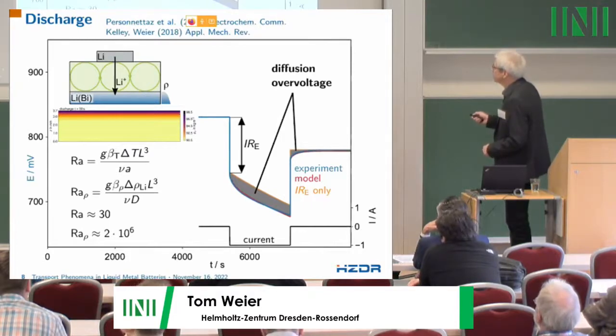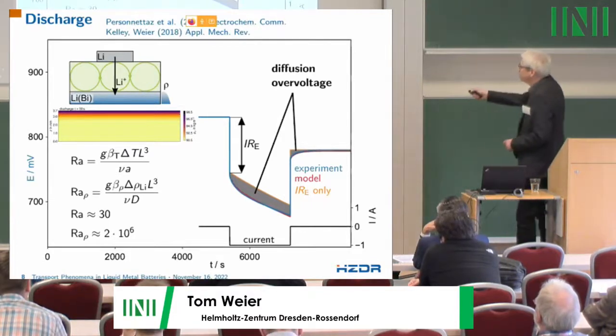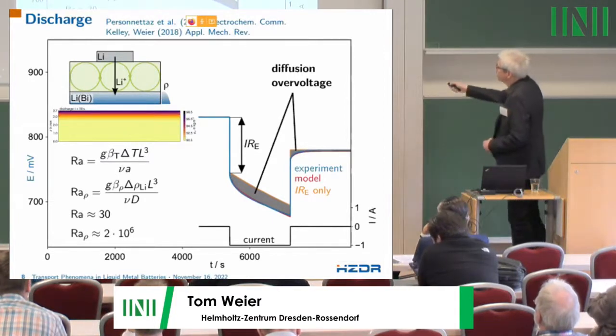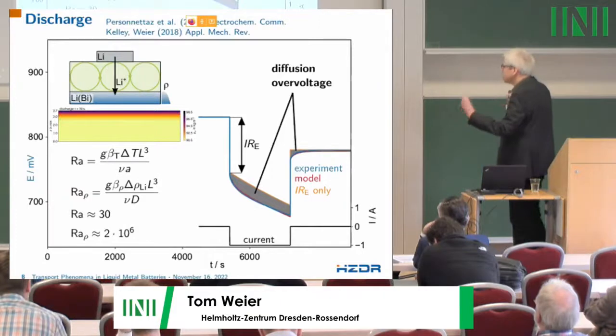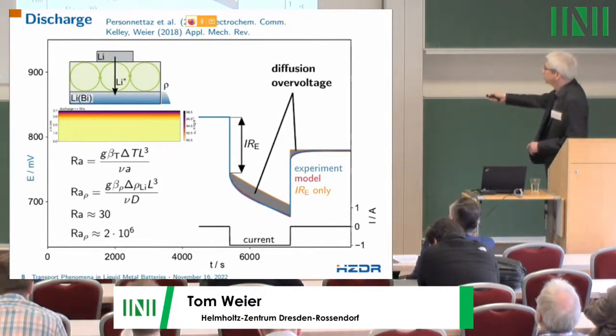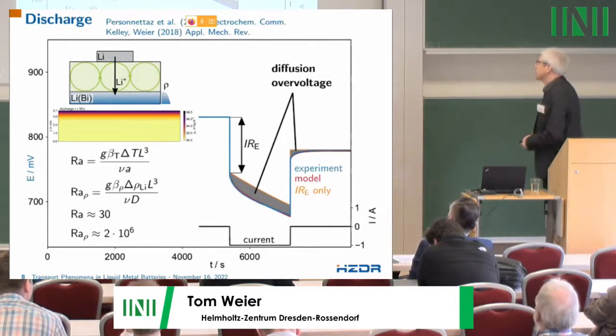This is this gray area. What we would expect from ohmic losses alone would be this orange line. What we get in the experiment is the blue line, and what we get from the model is the red line. That means the model is quite okay, but we have substantial voltage losses due to this concentration layer, due to the stable stratification.